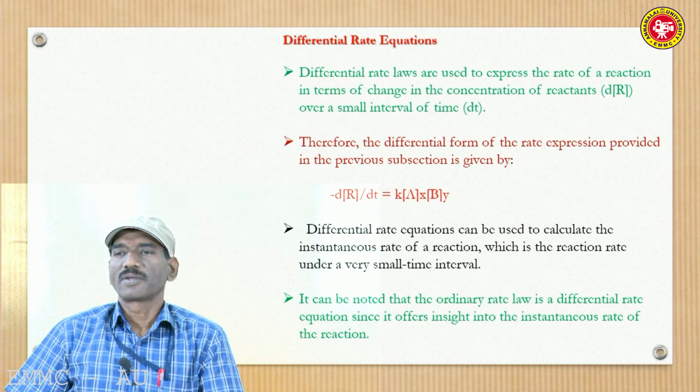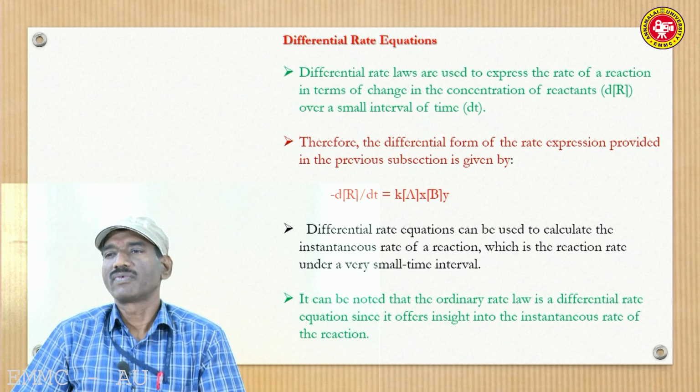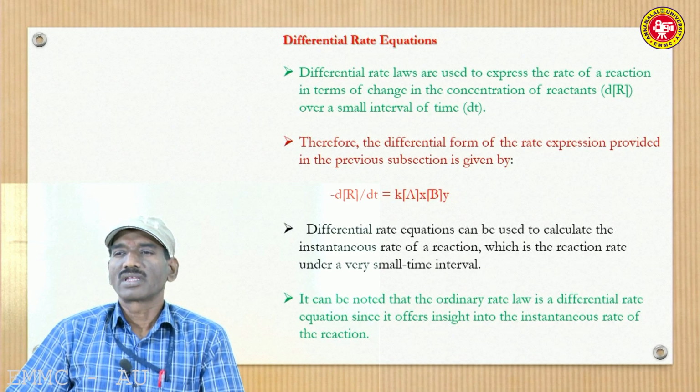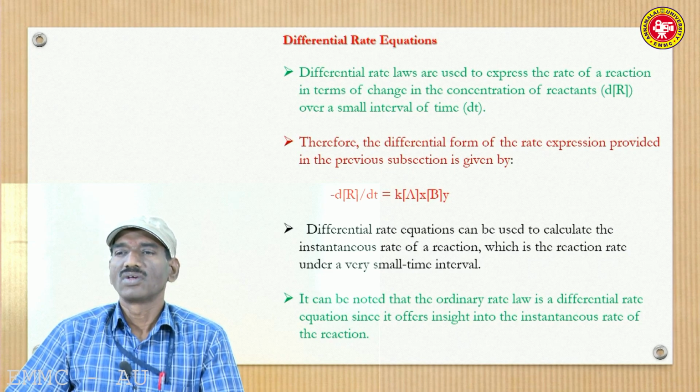Differential rate equation. Differential rate laws are used to express the rate of reaction in terms of the change in concentration of a reactant over a small interval of time, that is dt. Therefore, the differential form of the rate expression is given by -dR/dt = k[A]^x[B]^y.